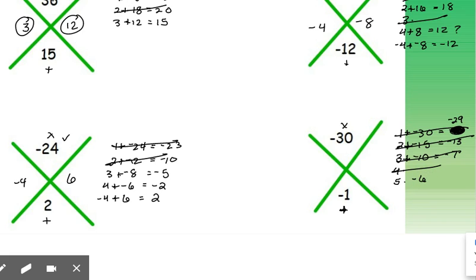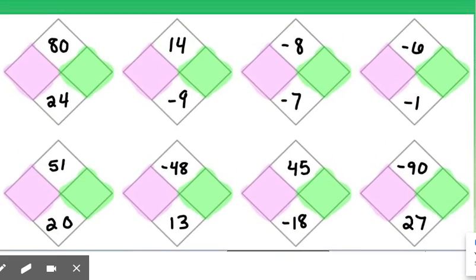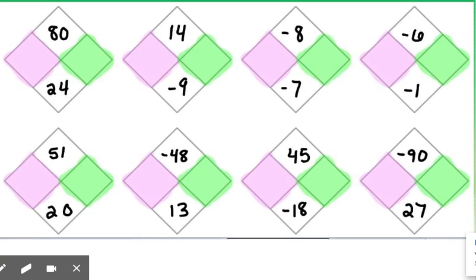Well, 5 times negative 6 is negative 30. And if I add these up, oh yeah, I get negative 1. 5 and negative 6. Okay. You're going to do a set of 8 here. What I want you to do is go ahead and pause the video, and do these 8.